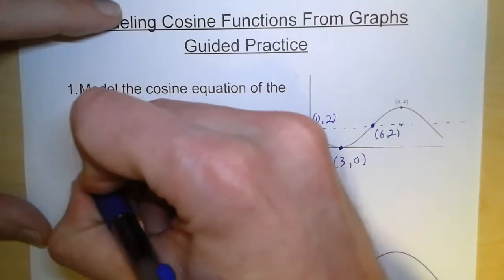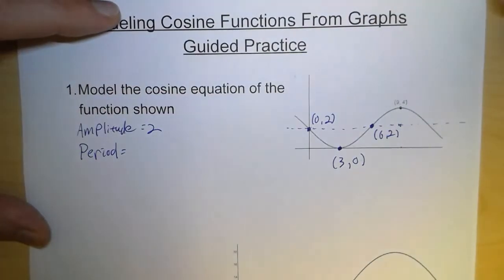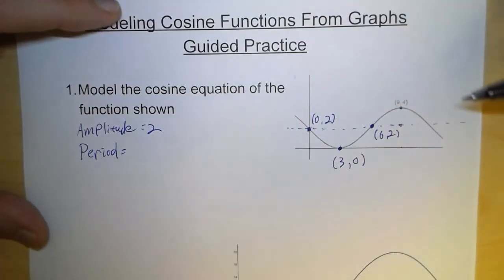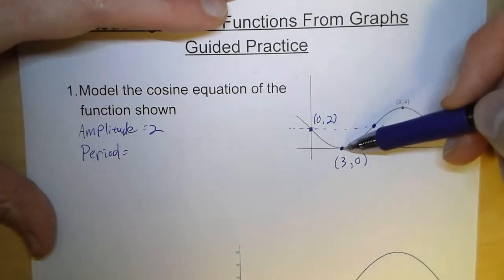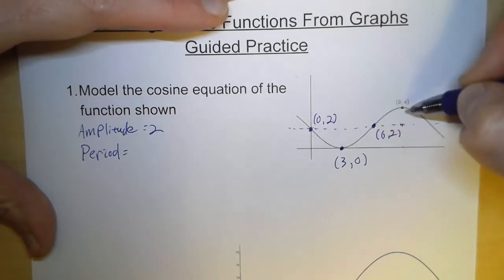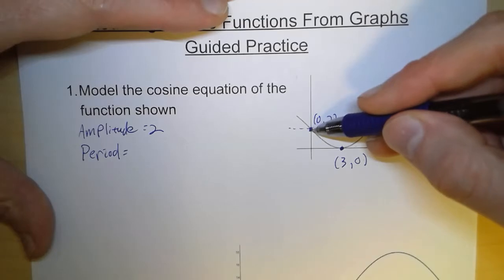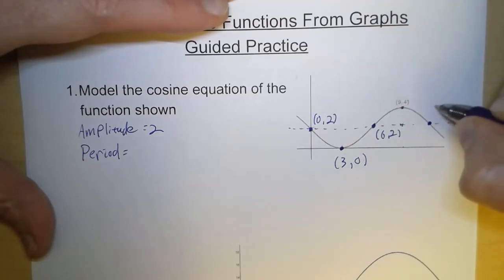The second component we need to identify is the period length, and that's how long it takes for it to complete a full cycle. So from here to here, nope, it's not a full cycle yet. From here to here, not quite. Here to here, still have a little more, because basically what we want to do is hit a point that looks just like this. And that's going to be right here at 12, 2.